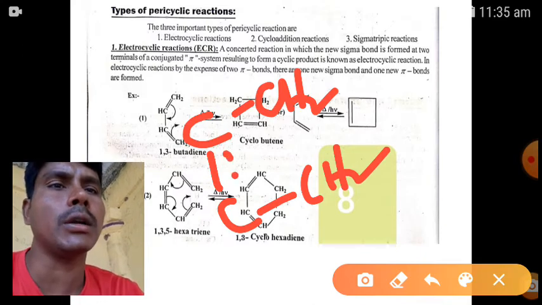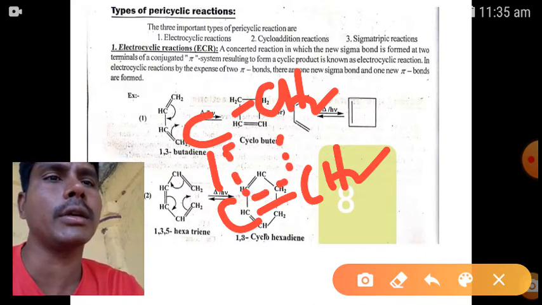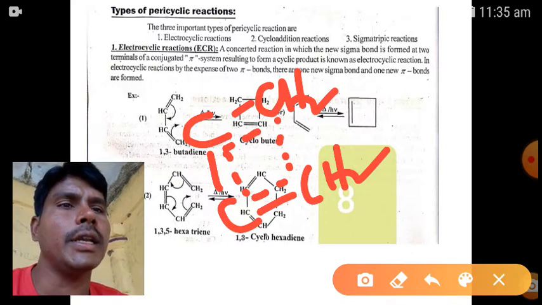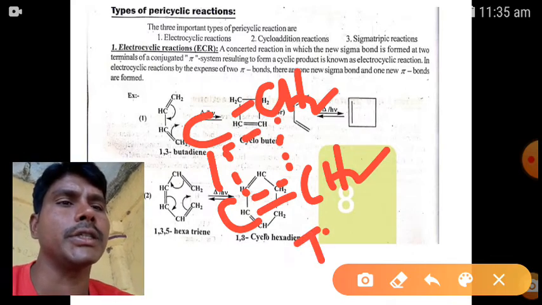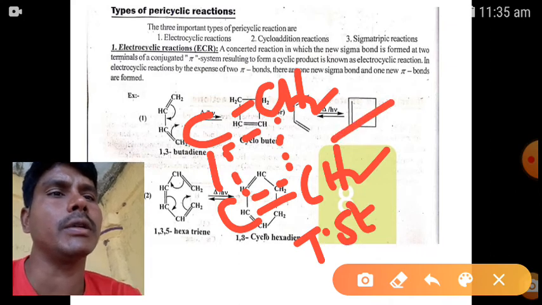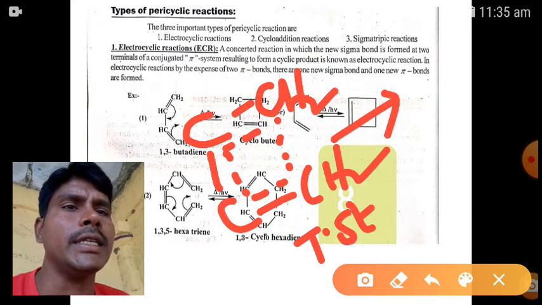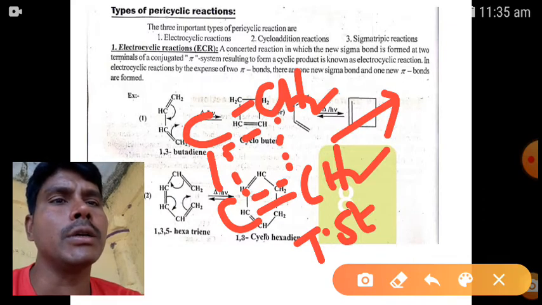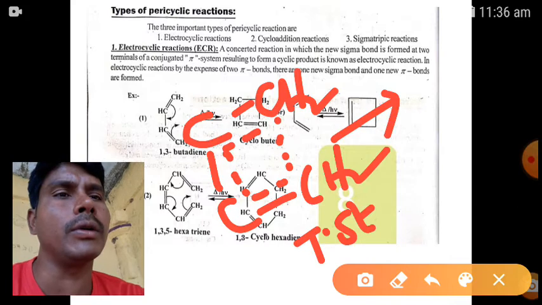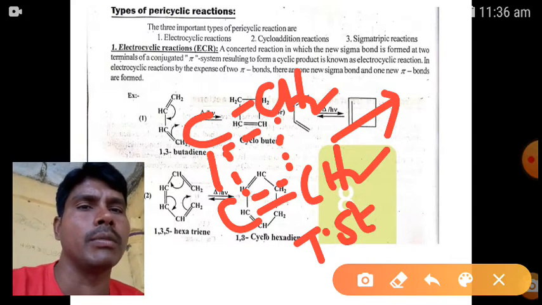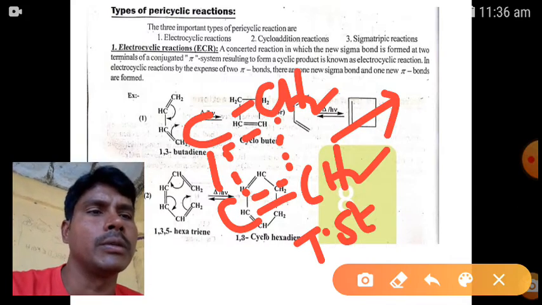So electrons are transferred from one place to another. So this is a cyclic transition state. From this we get the product. So in this reaction, one pi bond is consumed by the molecule and one new sigma bond is produced in the product.